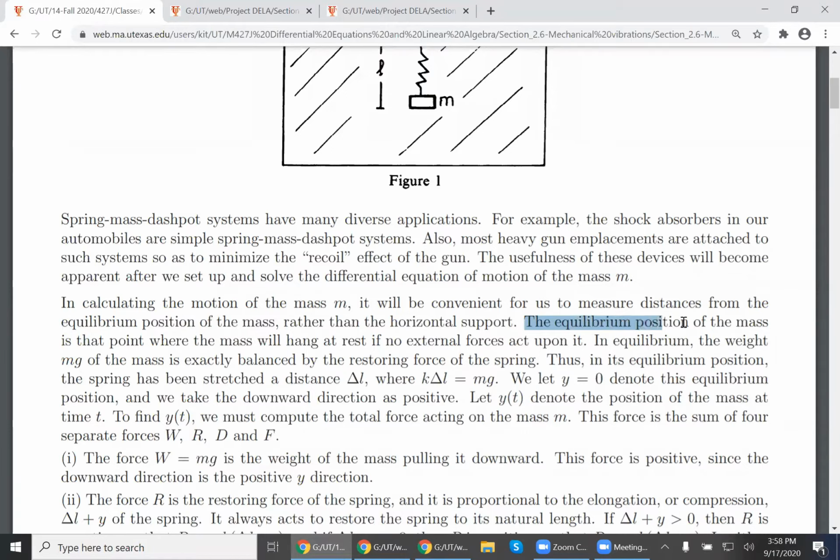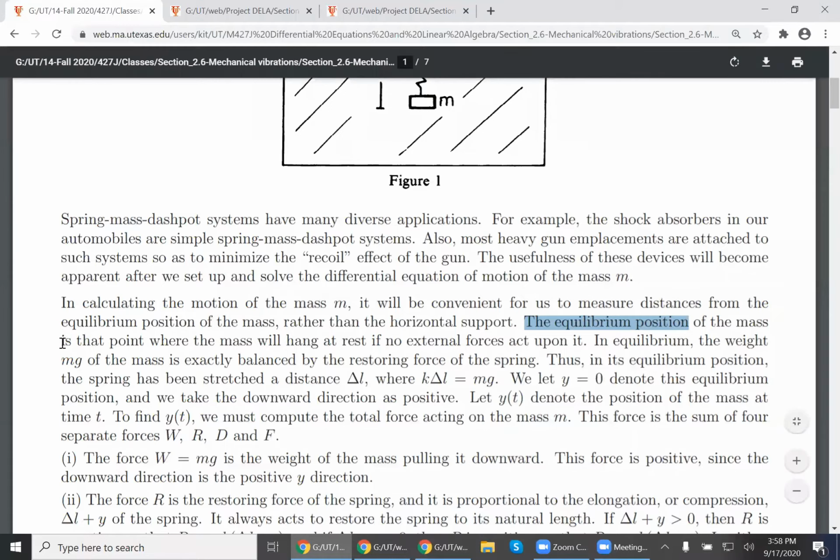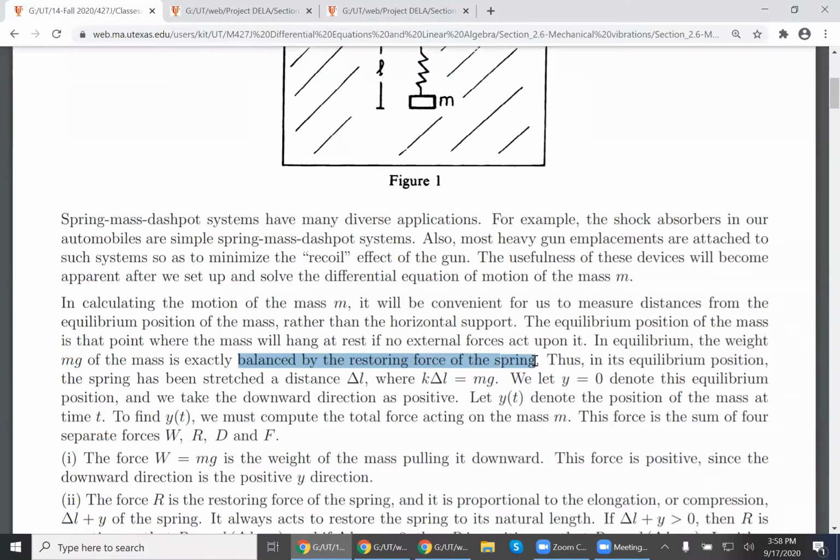The equilibrium position of the mass is that point where the mass will hang at rest if no external forces act upon it. In equilibrium, the weight mg of the mass is exactly balanced by the restoring force of the spring. Thus, we have the following formula: K delta L is equal to mg.